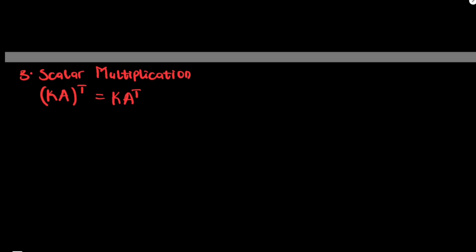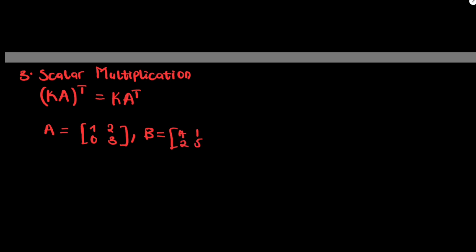Now let us have an example again. Let's have A equal to 1, 2, 0, 3, and we have B equal to 4, 1, 2, 5.